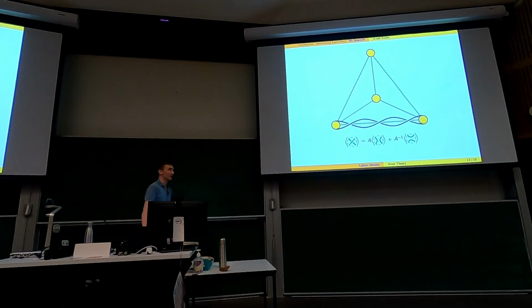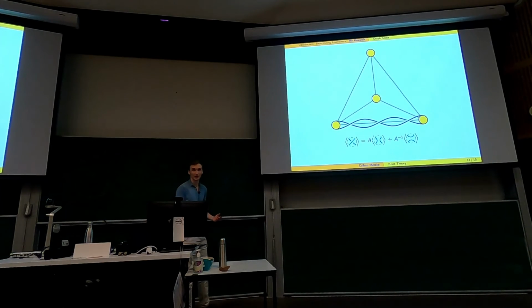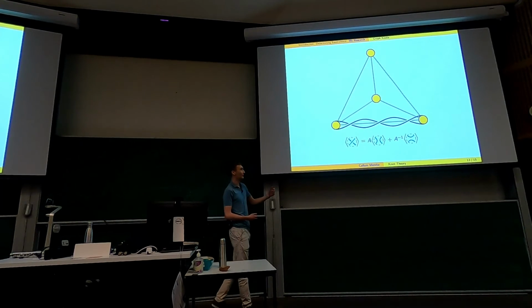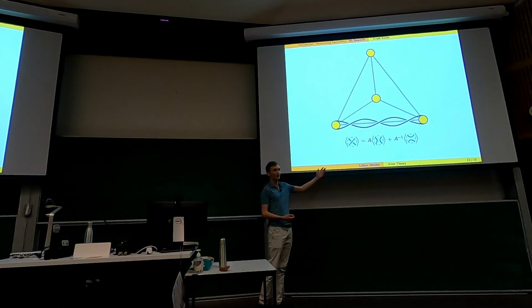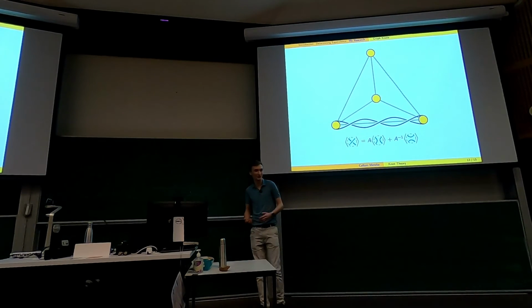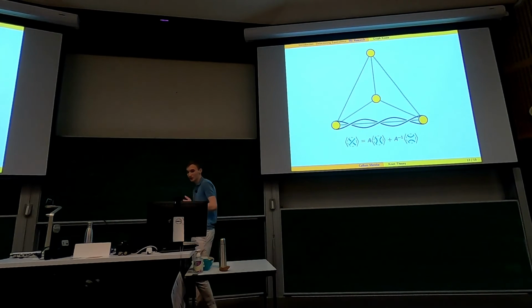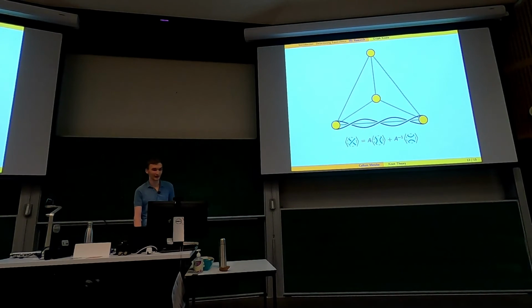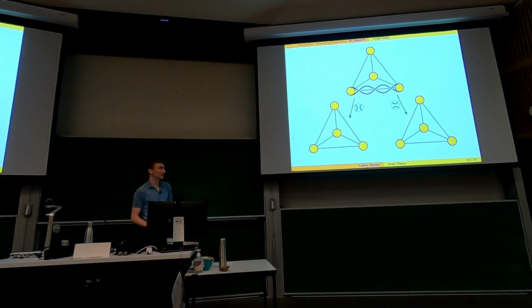What can we do with this? Well, you remember the Kauffman bracket relationship says that if you have your crossing, you want to smooth it out into this vertical part and this horizontal part. So let's see what happens if you actually apply that to this crossing.